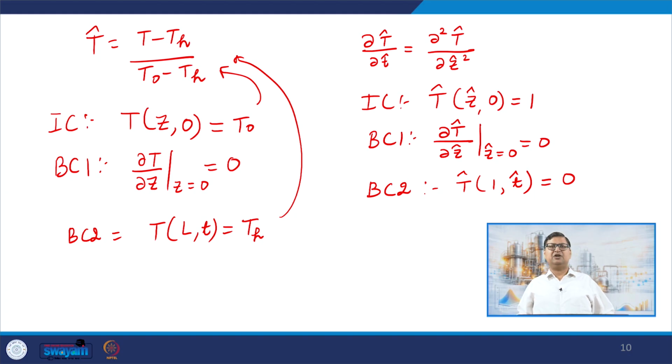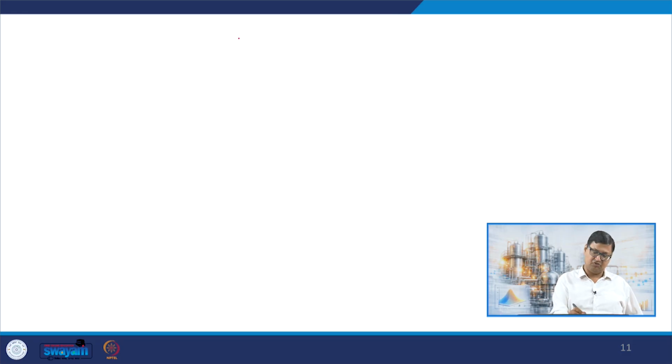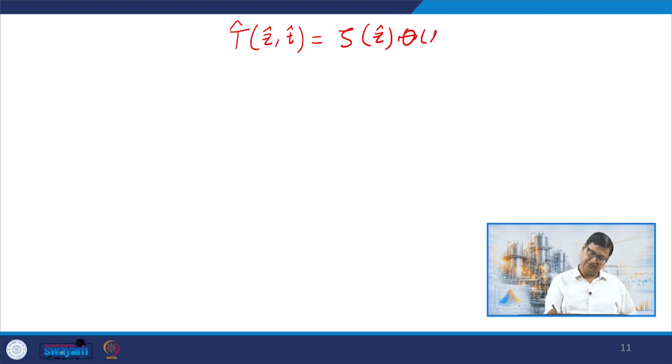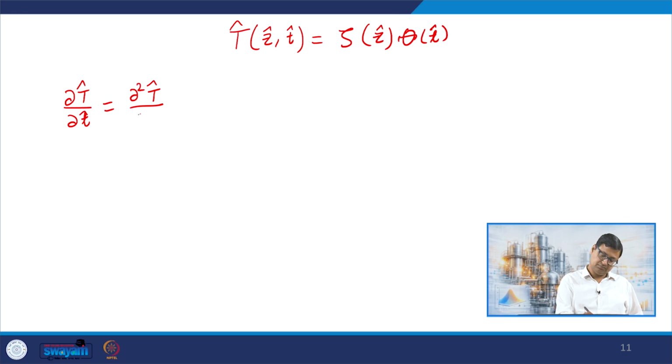And let me now try to solve this equation. Now you see it is homogeneous, and therefore I can now apply the variable separable form. So T cap(z cap, t cap) is some function zeta(z cap) into theta(t cap), and if I plug it in my partial differential equation in dimensionless form, it is something like this.